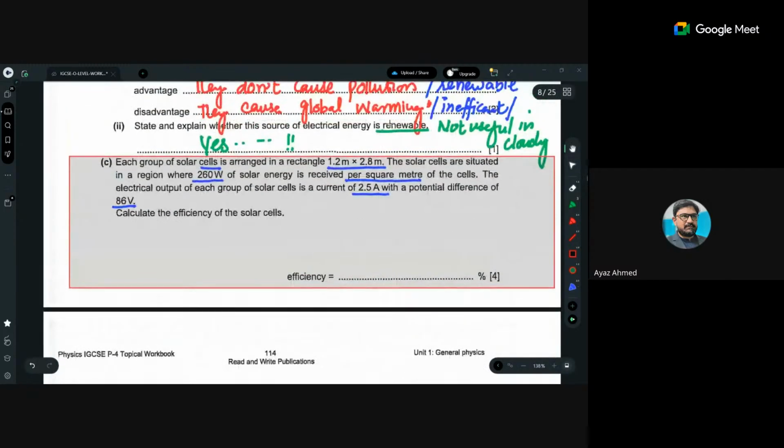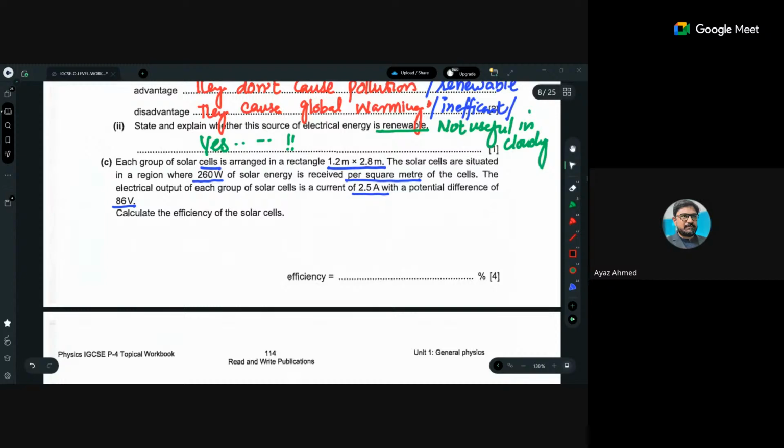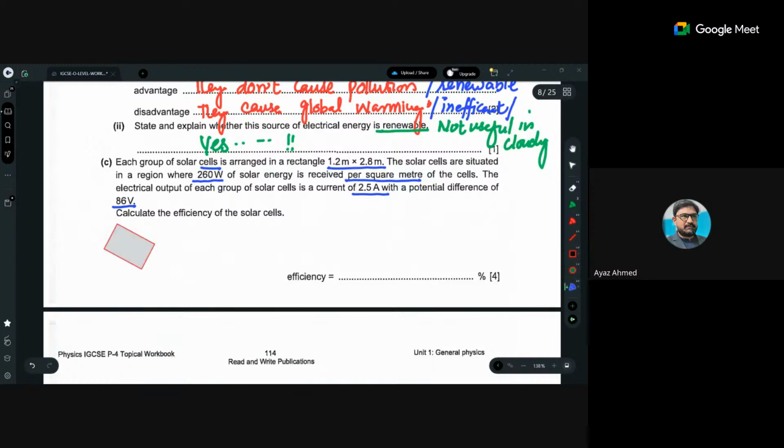For this question, maybe I will have less space, but I will try to manage. First of all, I will shade this area. For example, if you have this solar plate, its dimension is 1.2 meters and 2.8 meters, in this way.